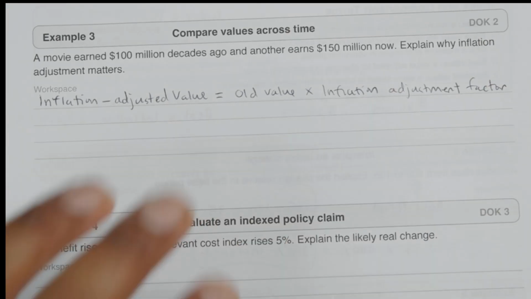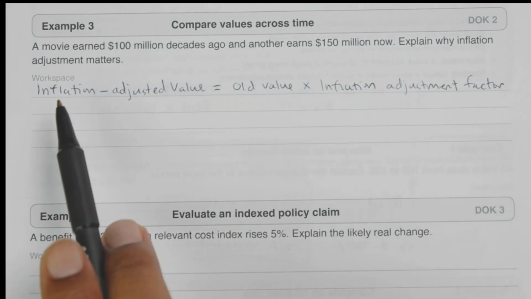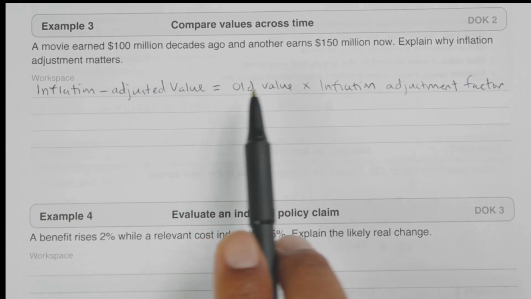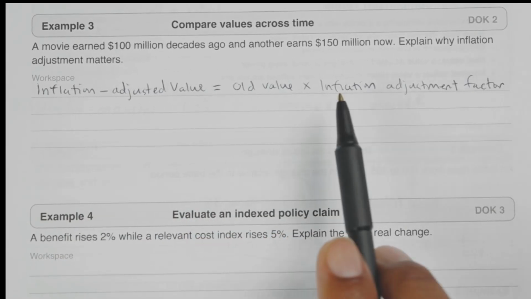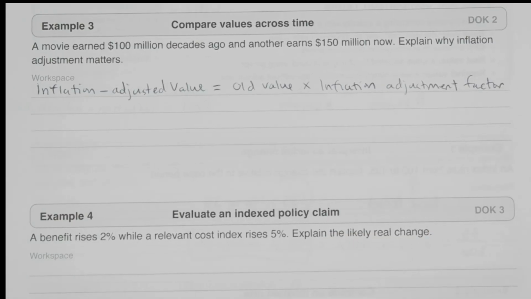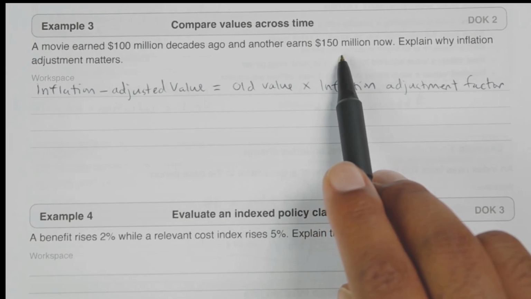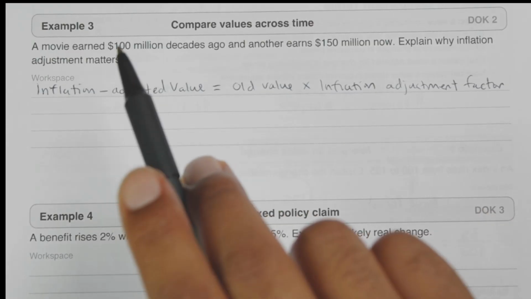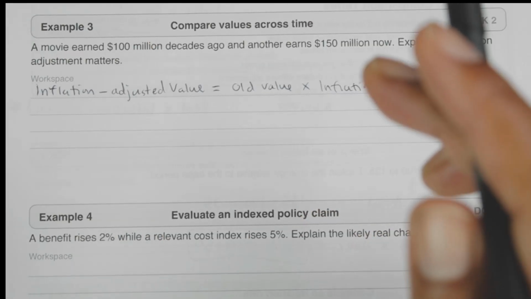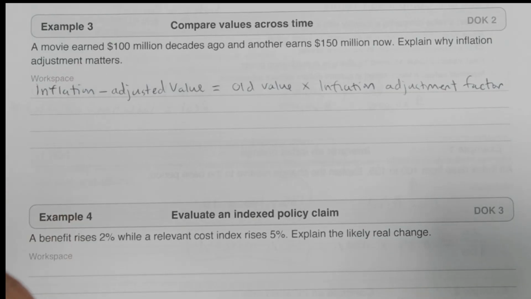So again, the inflation adjustment equals the old value times the inflation adjustment factor. Without knowing the appropriate index values, we cannot calculate the exact adjustment. So therefore, $100 million now is essentially greater than $100 million nominally. But that doesn't automatically mean that the newer movie earned more in real terms.